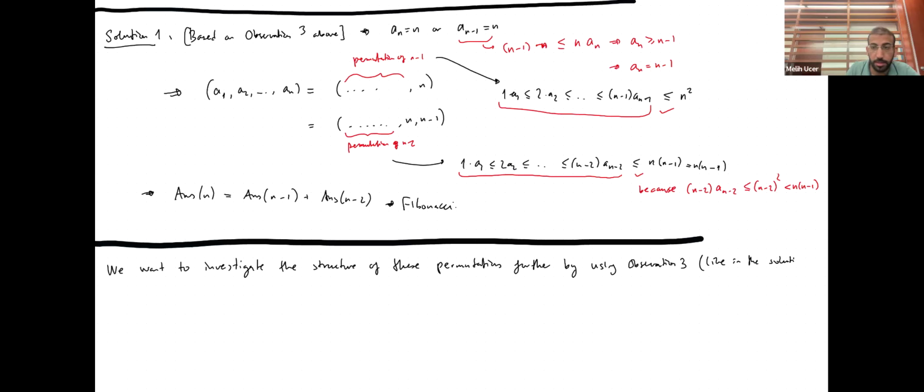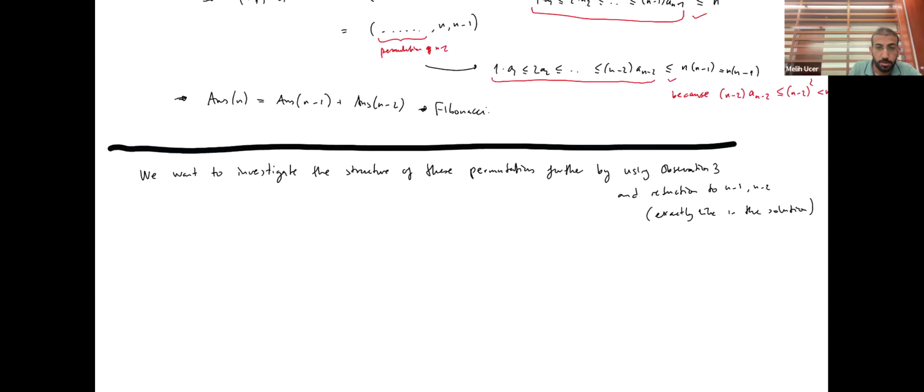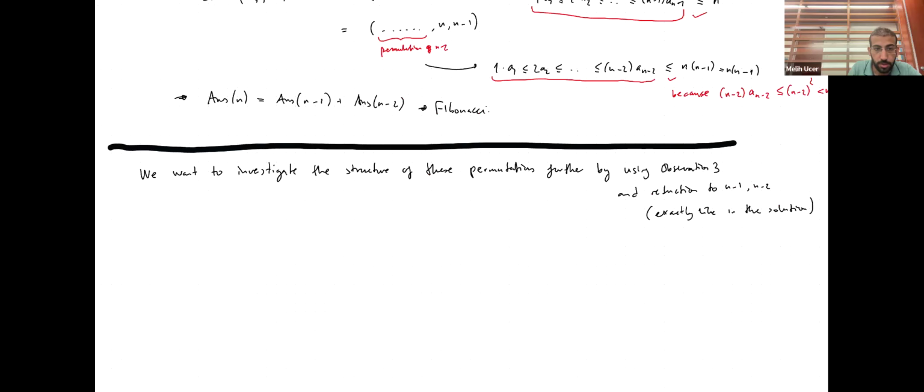I mean, observation 3 and the reduction to n minus 1 and n minus 2, exactly like in the solution. Okay, when we write it like this, we know what we want to do. Let's check some more cases.